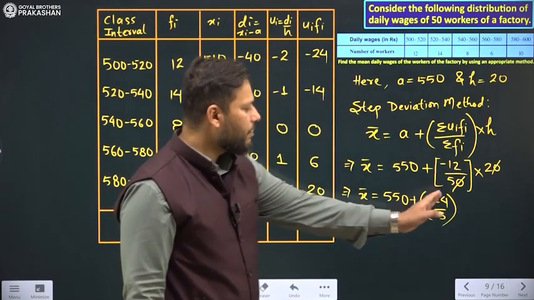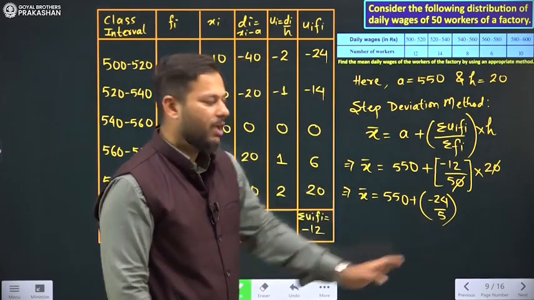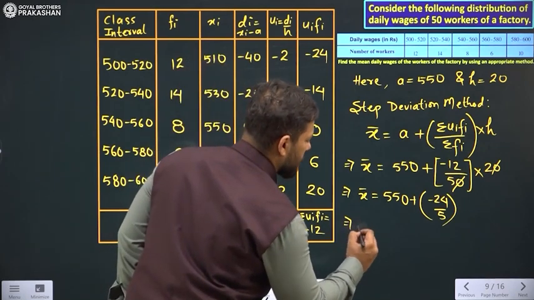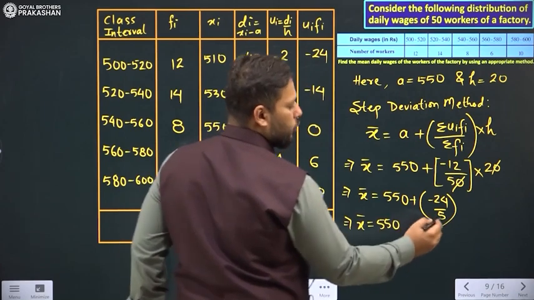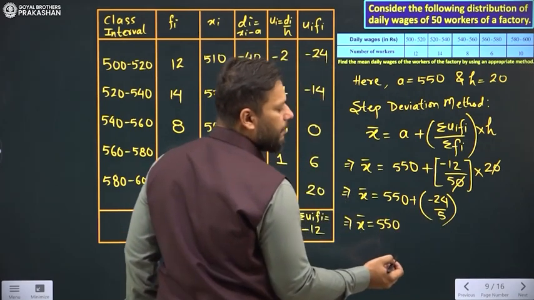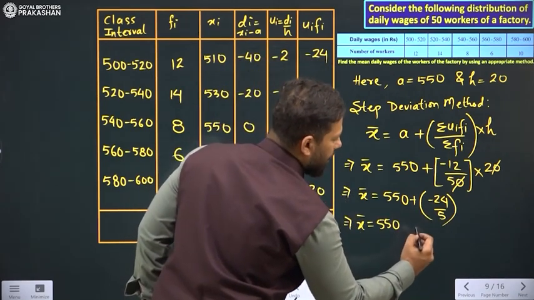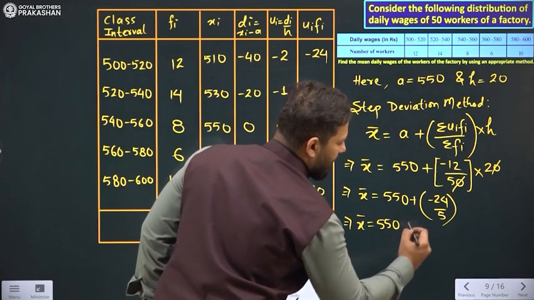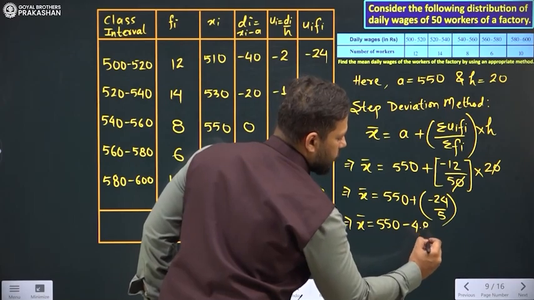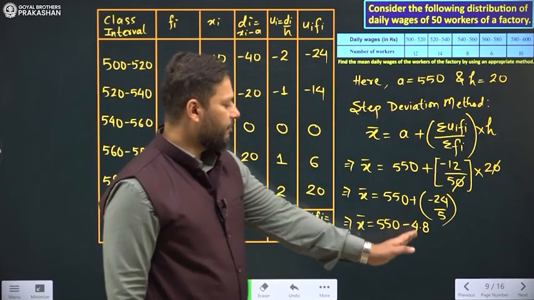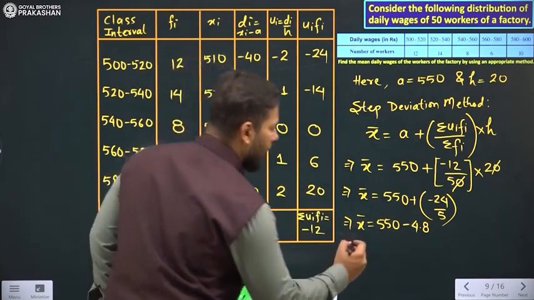So if I divide minus 24 by 5, I'll get something like this. Let me just explain it to you. It is 550 already. So 24 by 5 will be 4 point, plus minus will make it minus. So it is going to be 4.8. Right? 550 minus 4.8 will be how much?